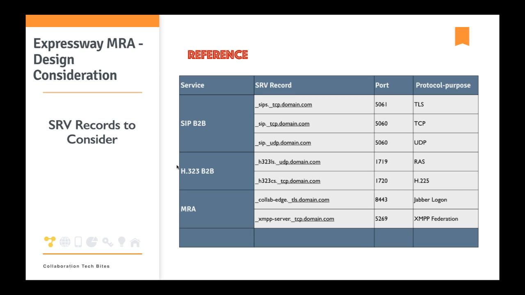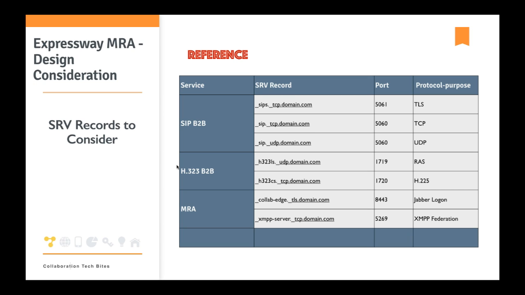Okay, for your reference, those are the SRV records to consider depending on the service you want to implement. If you're talking about MRA, we use _collaboration._edge. Of course, inside MRA, there is XMPP federation, so _xmpp-server is also a DNS SRV record. If we are talking about business to business, whether SIP or H323, you need to consider those SRV records, whether secure or non-secure.